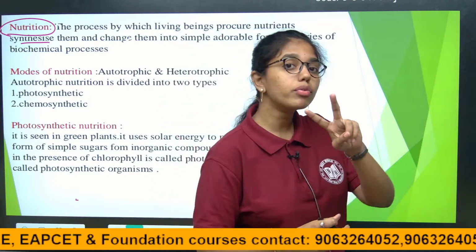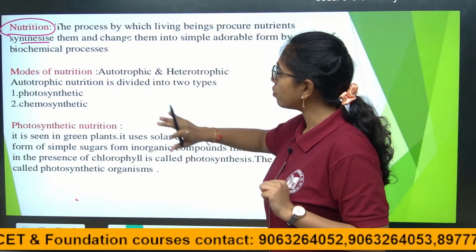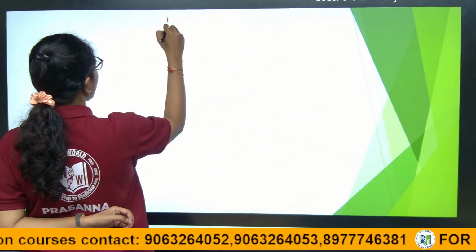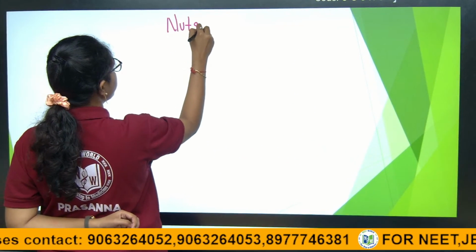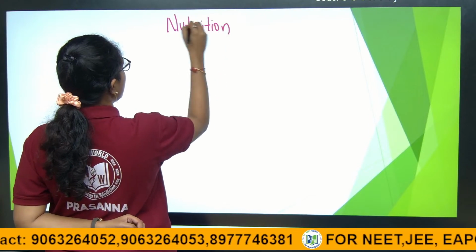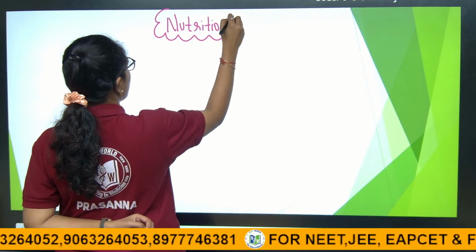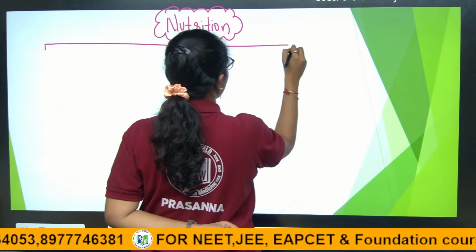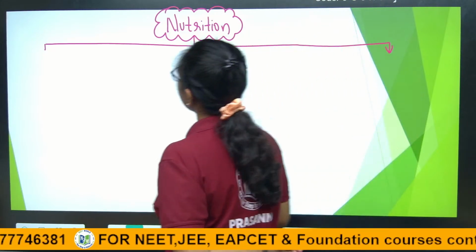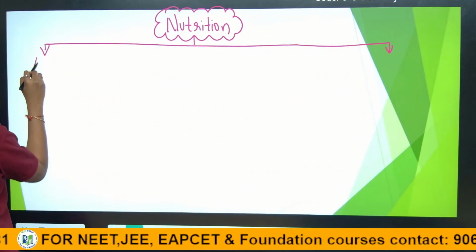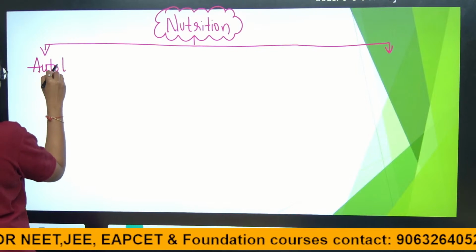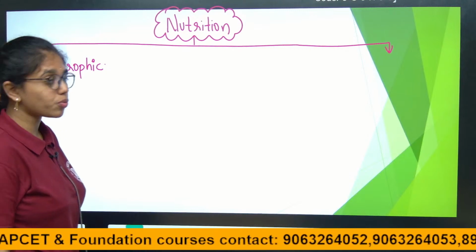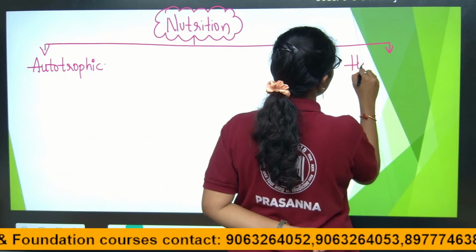Nutrition can be of two types: one is autotrophic nutrition and the other is heterotrophic nutrition.